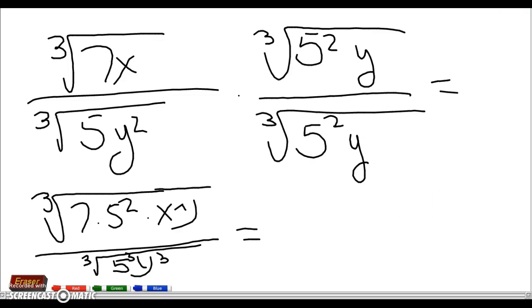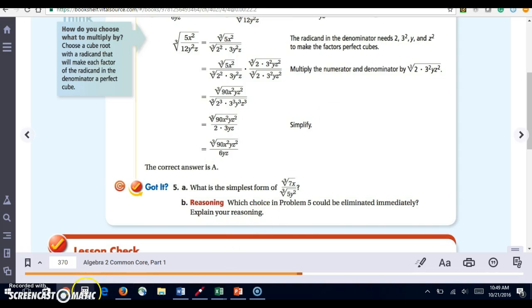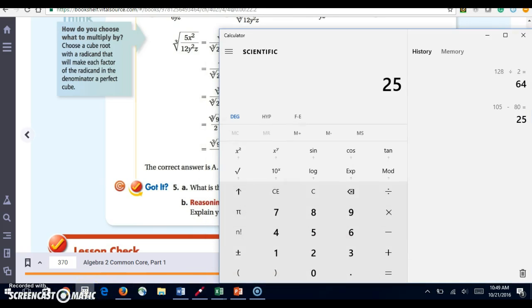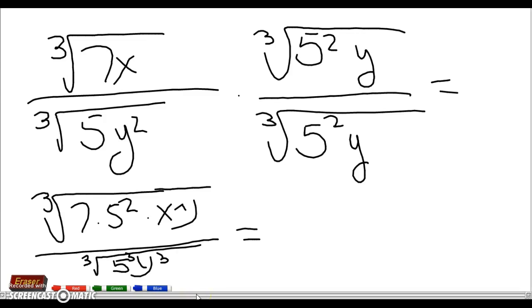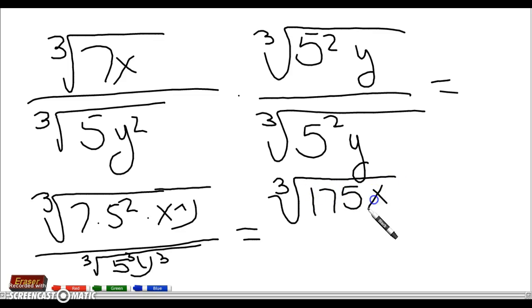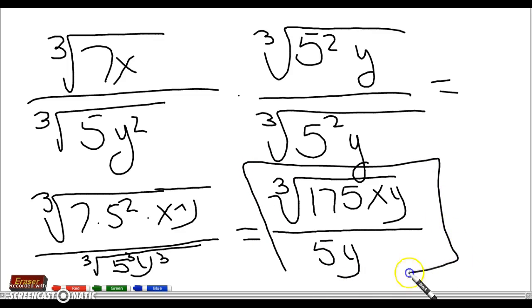So 25 times 7 is 175. So I get the cube root of 175 x y, and at the bottom I can take the cube root of all those numbers, so I get 5y. And so it stays just like that. That's as simple as it gets.